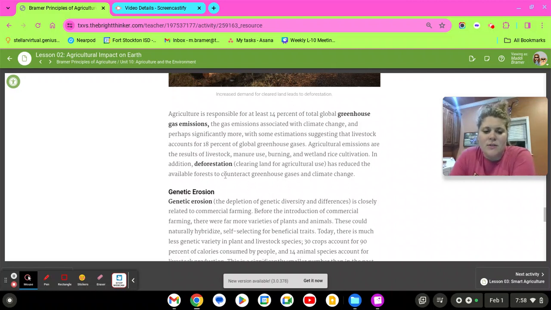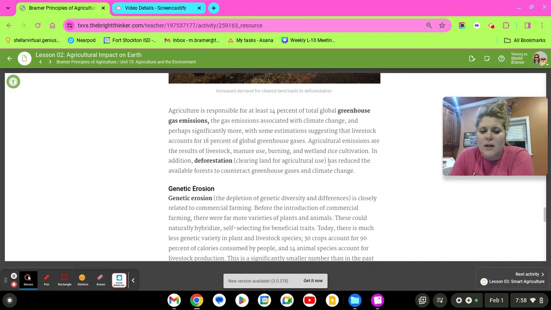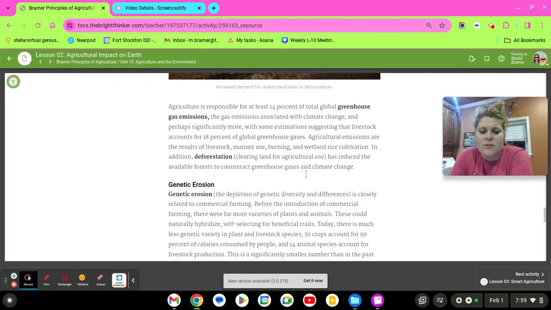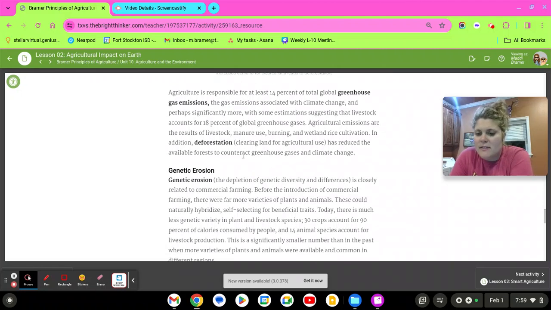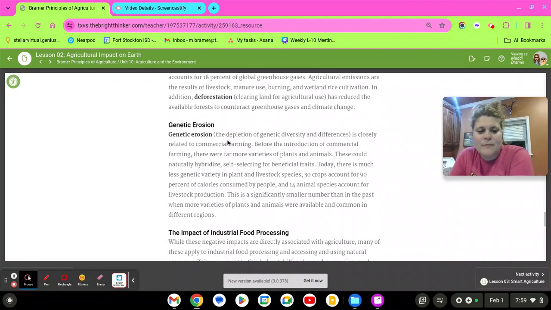Ag emissions are a result of livestock manure use, burning, wetland rice cultivation, and deforestation. Clearing the land for ag use has reduced the available forests that counteract those greenhouse gases, that provide the oxygen.